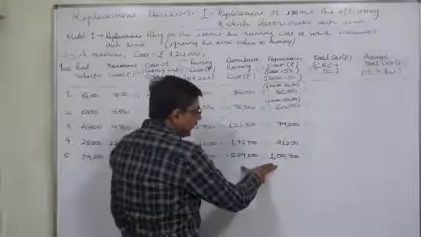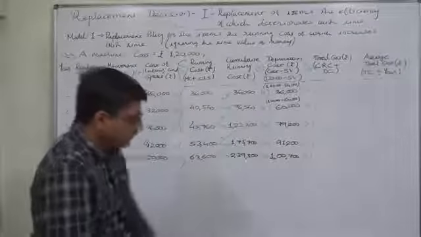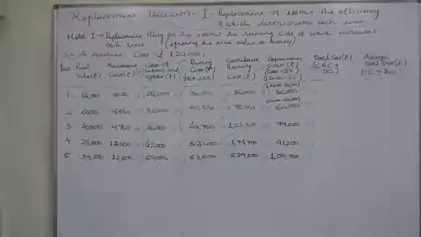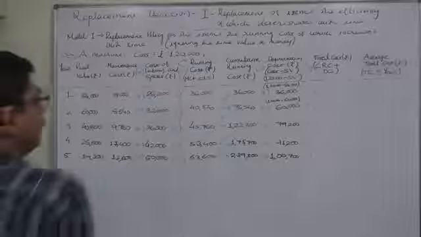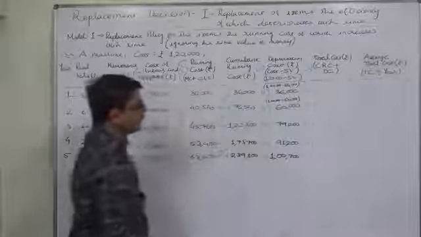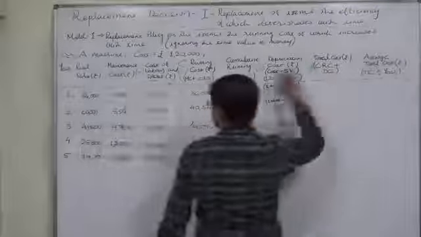Now if we add these two, the result will be total cost, and we are going to divide the total cost by the respective number of years.